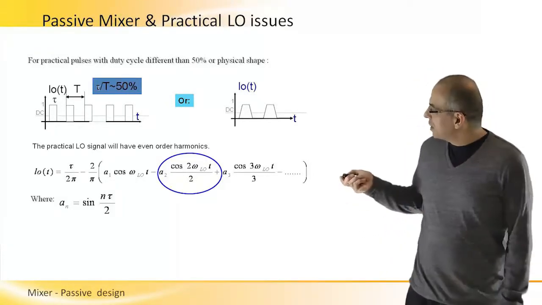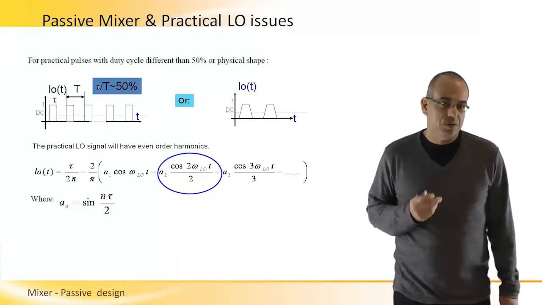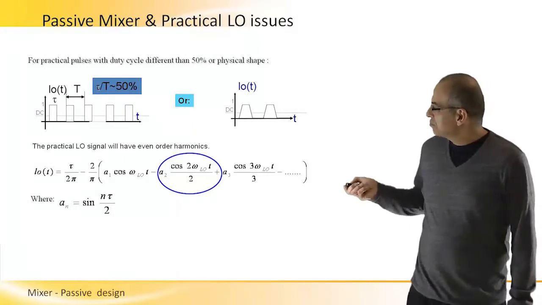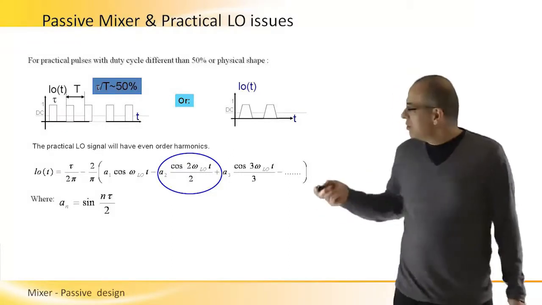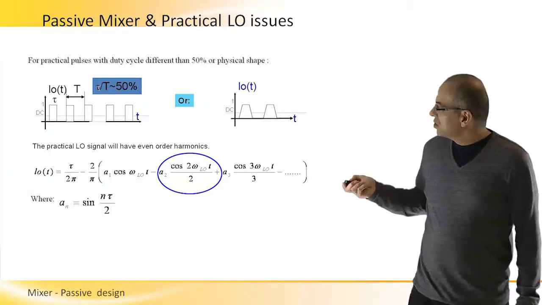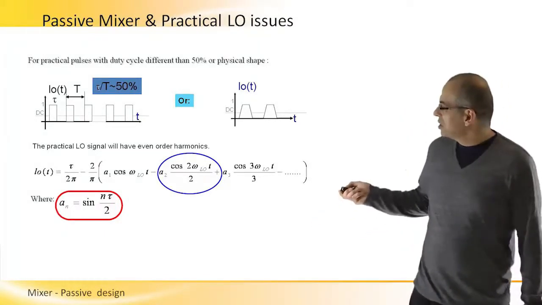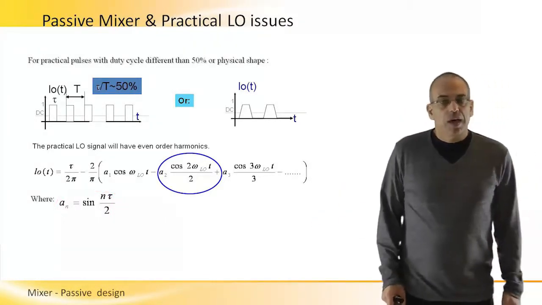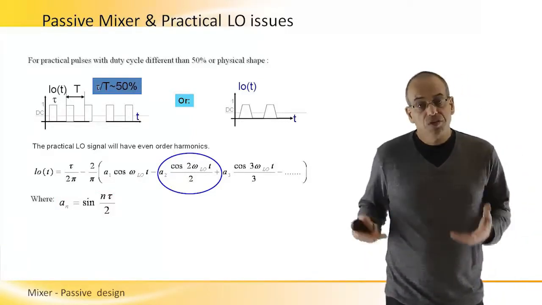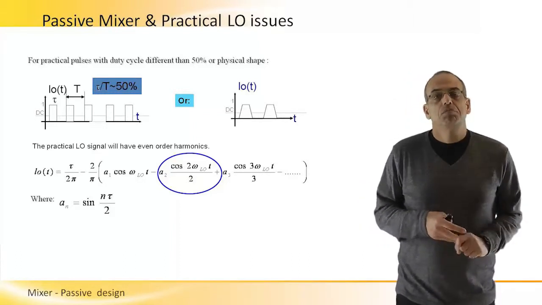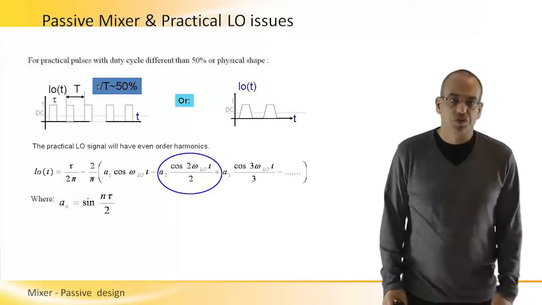But they will usually have a lower amplitude than the first harmonic for sure, depending on how long these transients are, or how far from 50% duty cycle it is. And we will later on see how we can minimize these even harmonics in designing a balanced mixer.